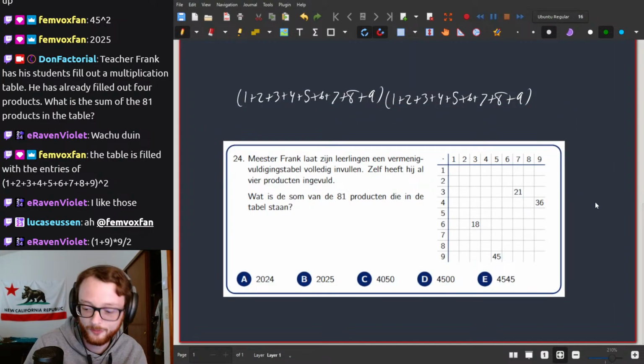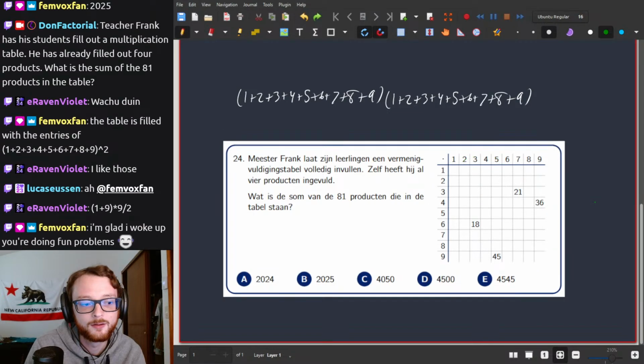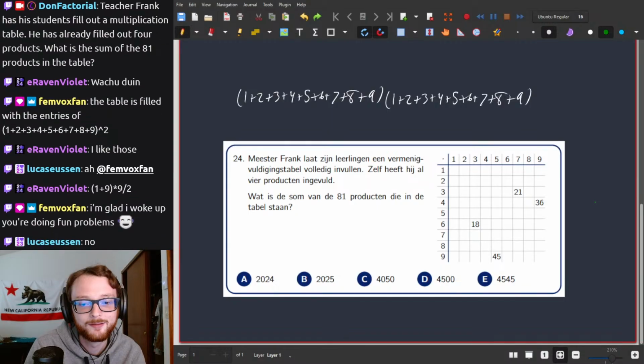Is Fenbox's idea only getting half of the table like that? No? Hmm. Oh, okay. Or 1 times 1, 1 times 2. Oh, no. Okay, no, it's right.